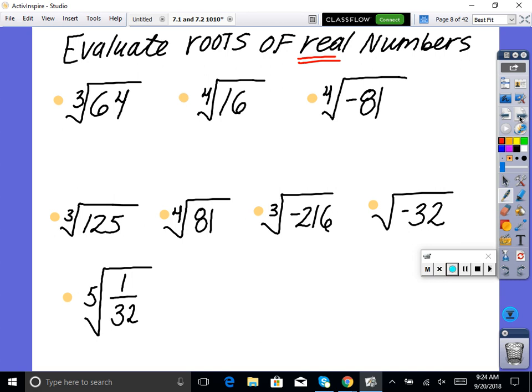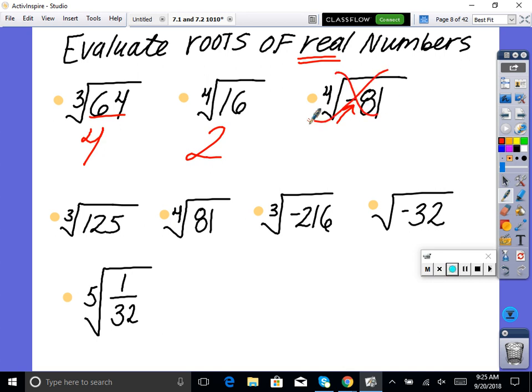Cube root of 64. What times what times what equals 64? Yes, positive 4. Okay, the 4th root of 16. 2. All right, the 4th root of negative 81. Not possible. We cannot have an i, people.